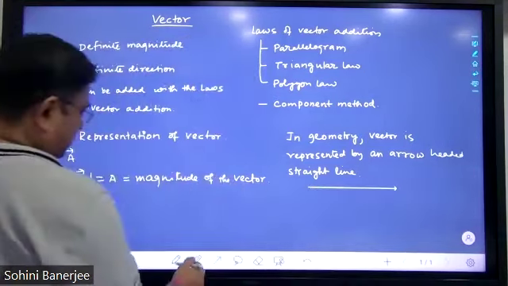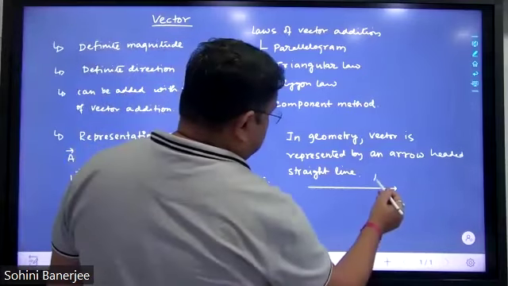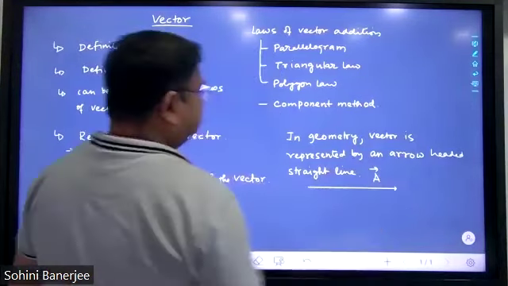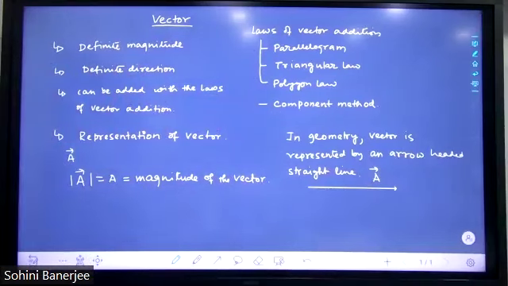Say this is representing a vector A. Okay.